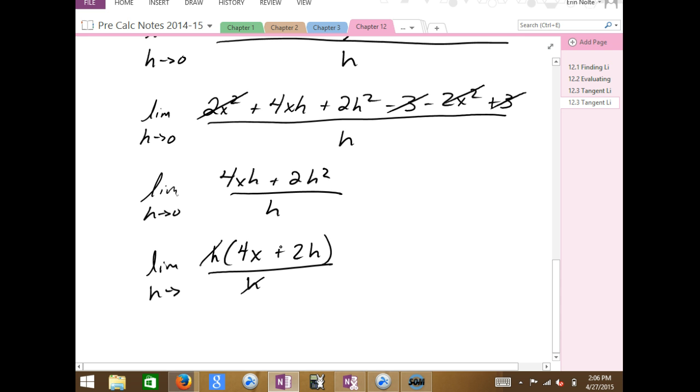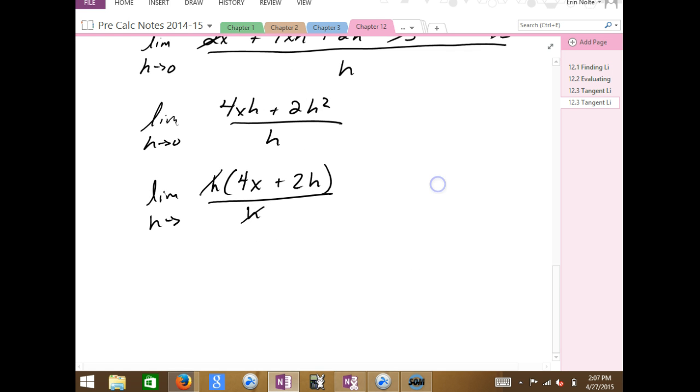Every time you do it, once you simplify, you end up being able to cancel h's in the bottom. So one in the top, one in the bottom will always end up canceling. If it doesn't happen that way, then you did something wrong, because it always happens.